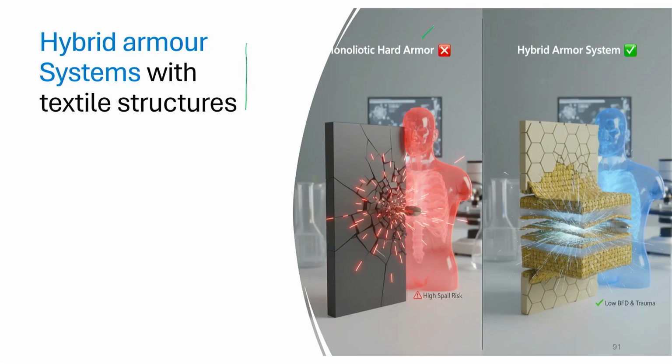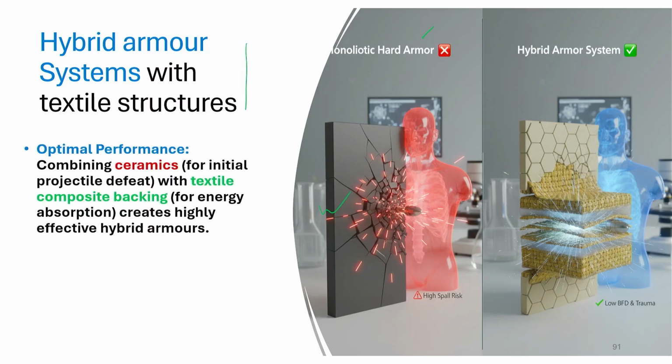Monolithic hard armor gets cracked after impact and spall formation is there, but if we use it along with the textile hybrid composite, the structure will remain intact.